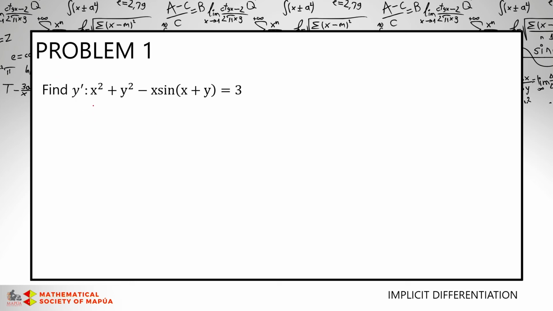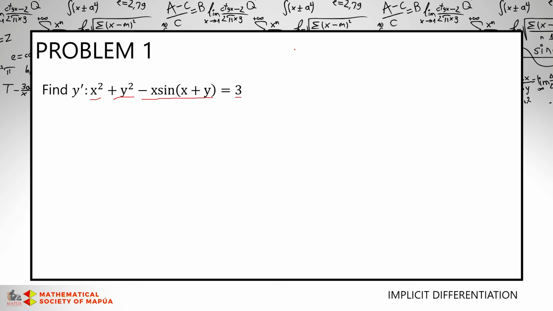Kasi, definitely, you can't solve the value of y or hindi mo madedetermine yung kung alin yung independent variable sa dependent variable. So, in implicit differentiation, remember na we have to differentiate it per term. Okay? So, we have to group it per term. And so, we have three terms sa left side ng equation. We have one term sa right side ng equation.